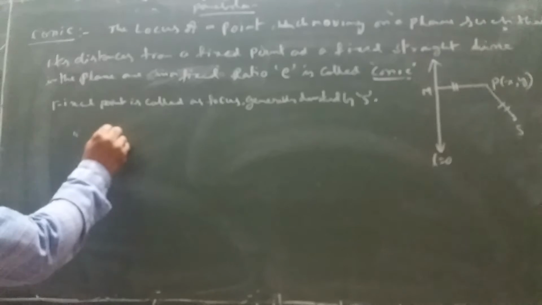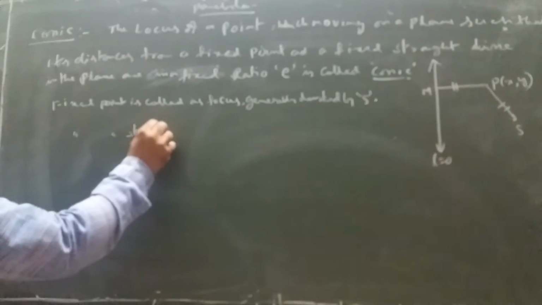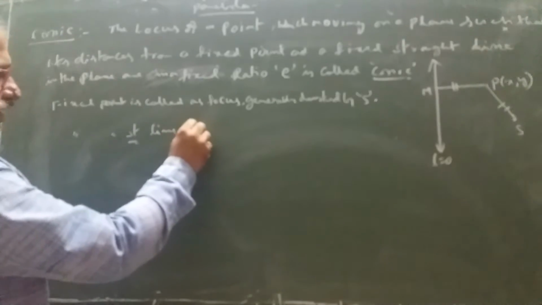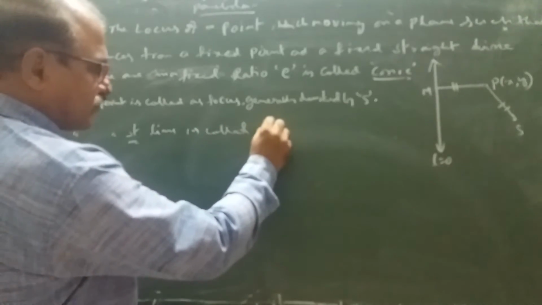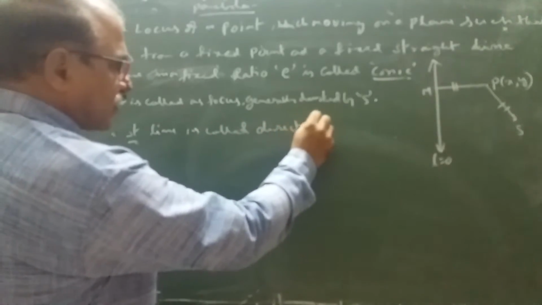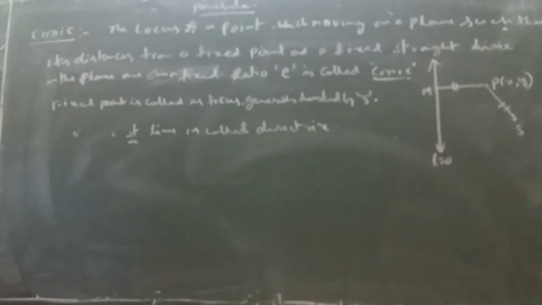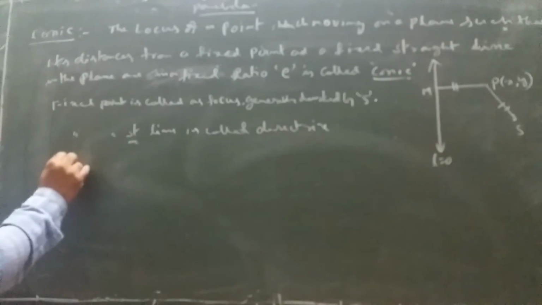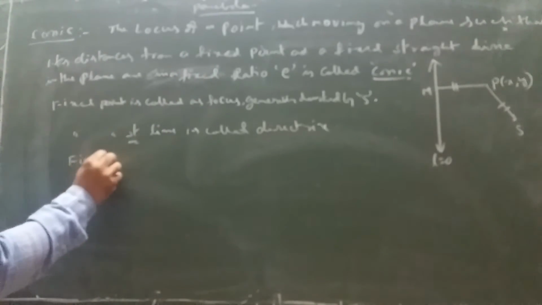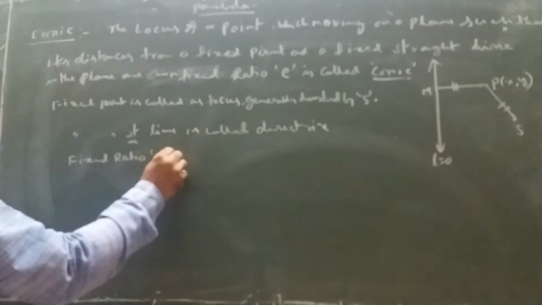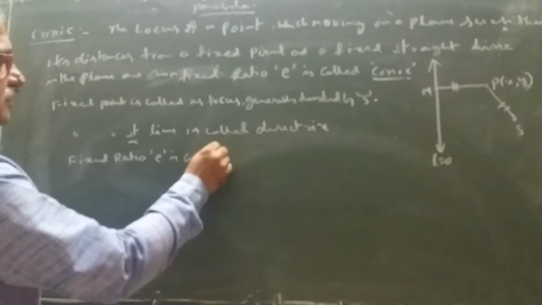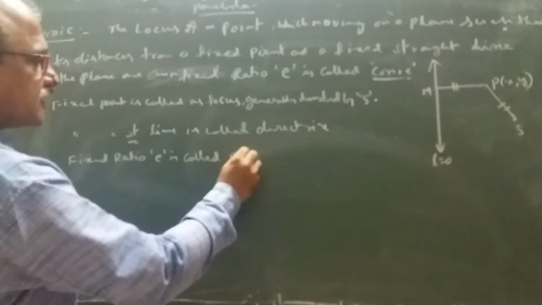The fixed straight line is called the directrix, and the fixed ratio E is called the eccentricity.